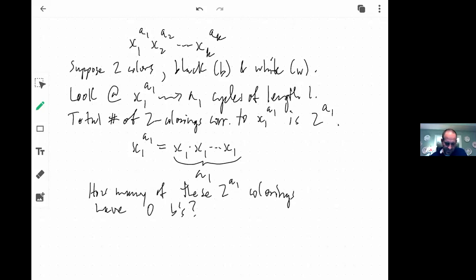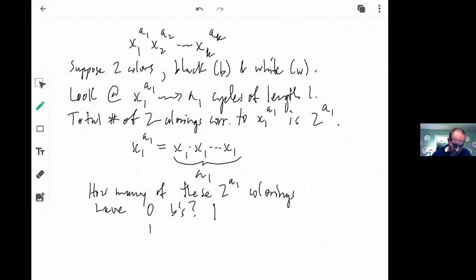Okay. Well, 1. I would just have to take white for each one of those 1 cycles. Okay, so 1. Okay, so that wasn't very interesting.